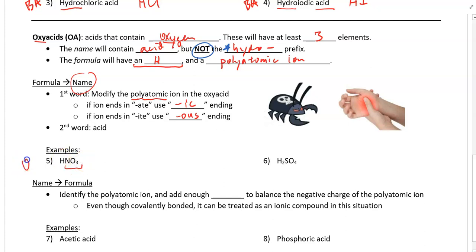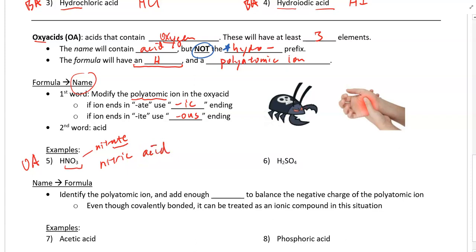That's going to be an oxyacid, so I'm going to draw a little OA next to it. So let's follow the process for oxyacid work. First of all, the polyatomic ion, like we said, is nitrate. So we're going to take the ending ate, check up here, and switch that to ic, nitric. So that becomes nitric. And then the second word is acid.